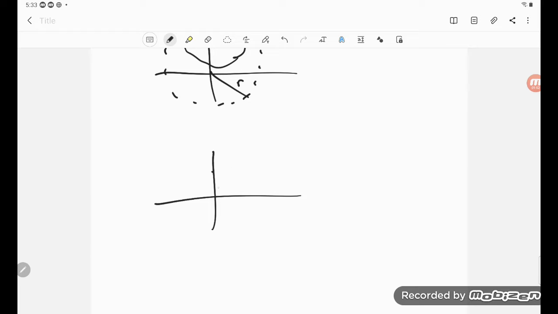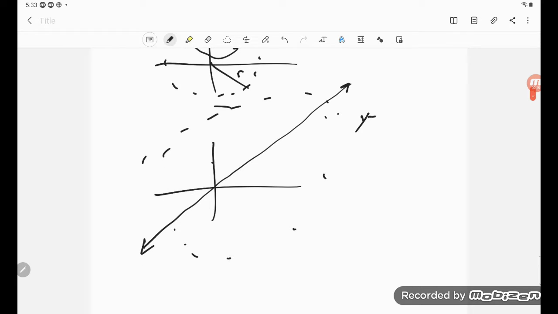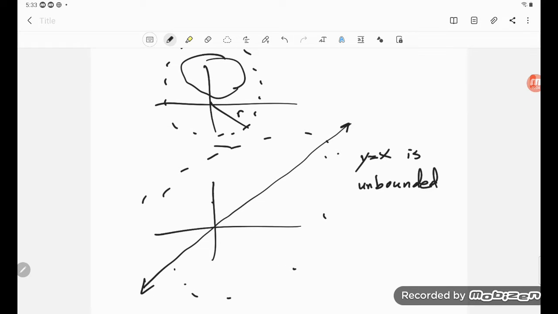But suppose I simply took what we think of as the y equals x line, but just sent it that way and that way, then never could I actually get that disk to hold everything, right? So this y equals x line is unbounded, because I can't put it in the disk.